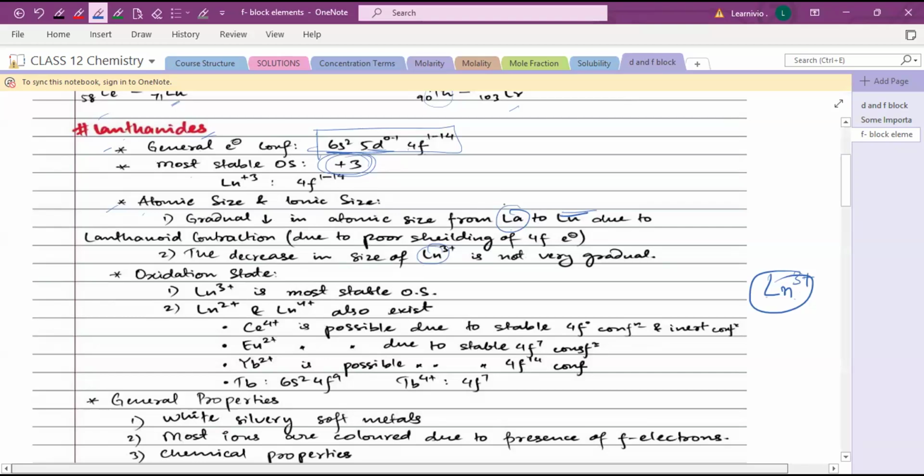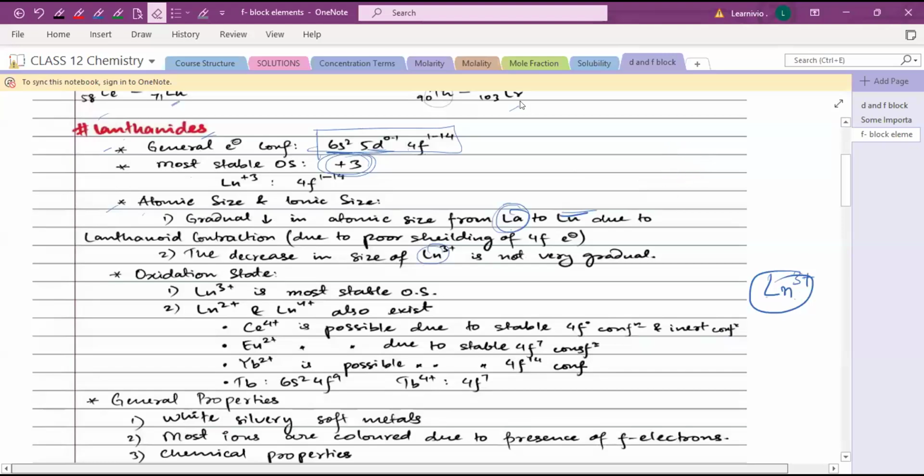So just remember, suppose this is your cerium, your neodymium and your promethium, which is atomic number 61. If it is a neutral gaseous atom, its atomic size will decrease due to the lanthanide contraction.